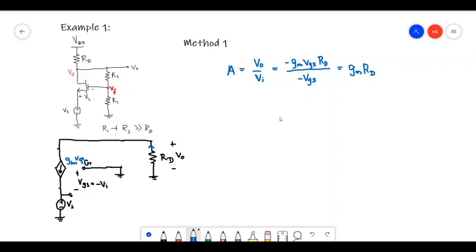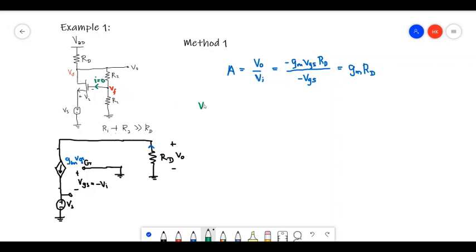Now let's find the feedback factor. Here we know that this is Vf, so I can write an expression for Vf. The current going into this is actually 0, because this is the gate.